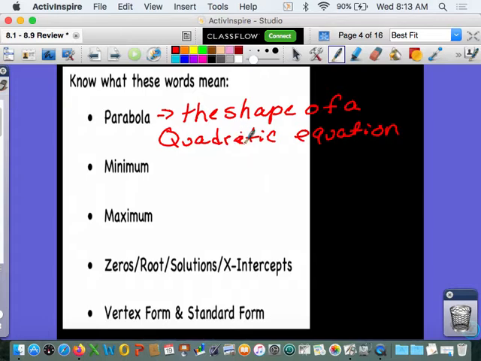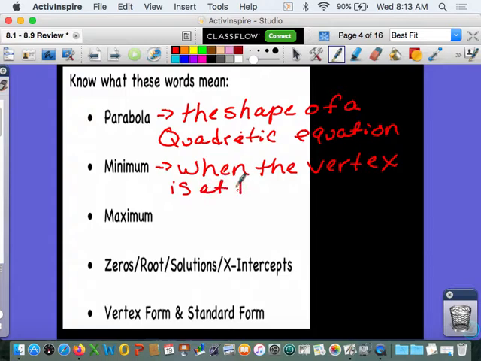All right, what is the minimum? Okay, when the vertex is at its lowest point. The next one, the maximum.